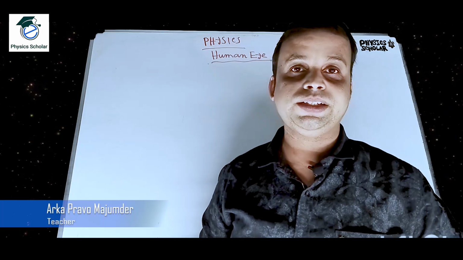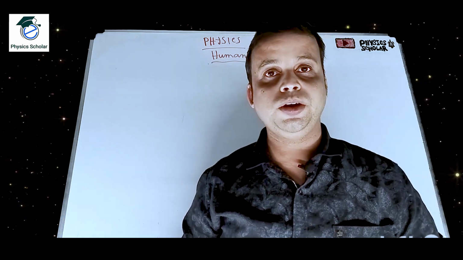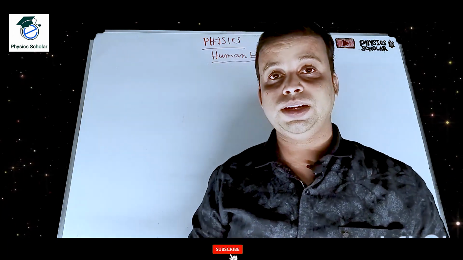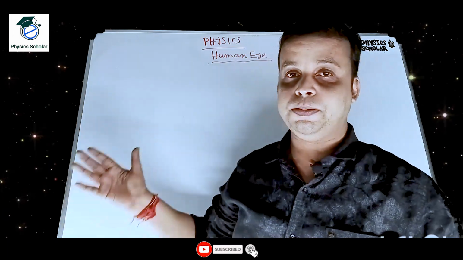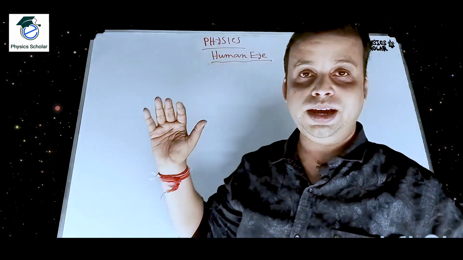I have come with a fresh and new episode on physics, human eye, for the CBSE board exams, class 10 students. As per your request from different students and parents, I am uploading a special episode on the human eye. I already uploaded one video on this, so today we will move forward.